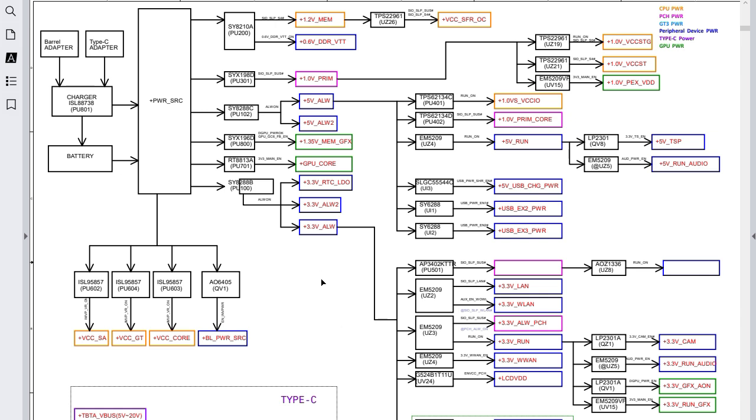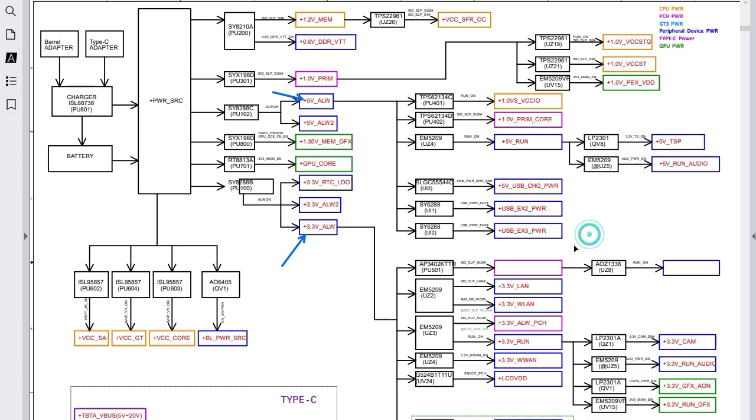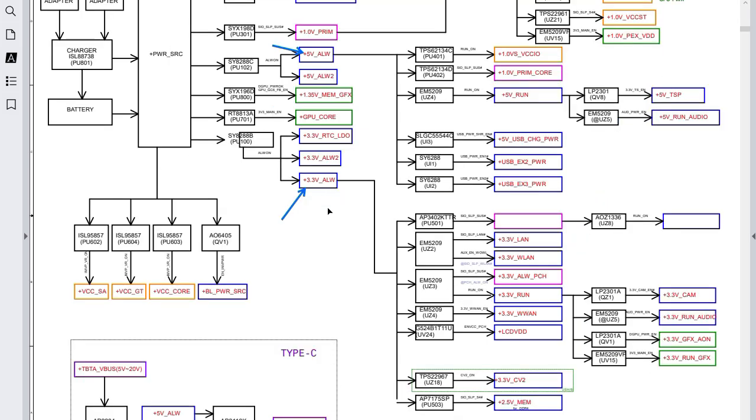Here, as you can see, the first voltage is 3.3 volt always, and the second voltage is, as you can see here, plus 5 volt always. Do you see? Please pay attention here, okay? So, do you see this voltage?